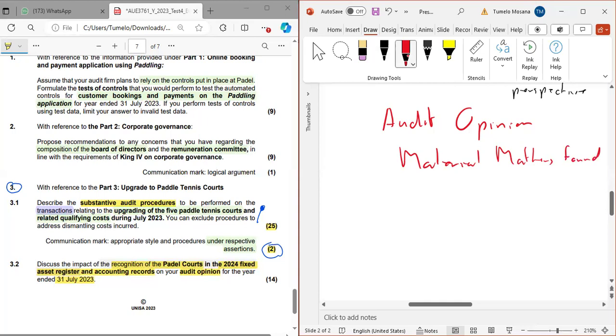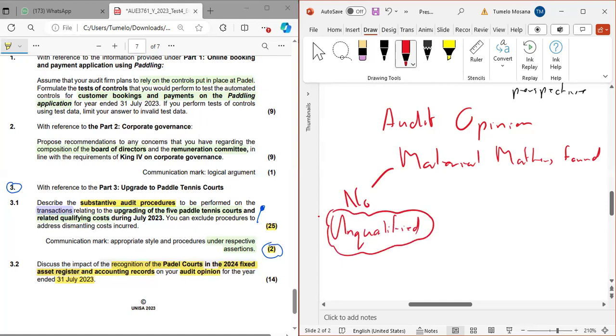This is the first thing that you have to think of. Then if it is a no, what you are going to do is issue an unqualified report, which means the statements are free from error.